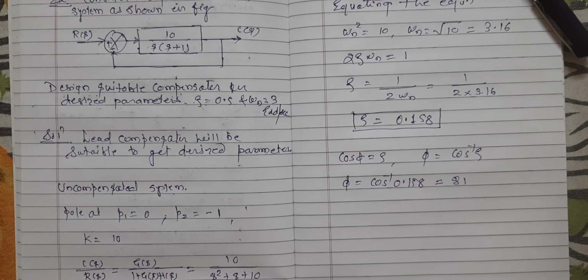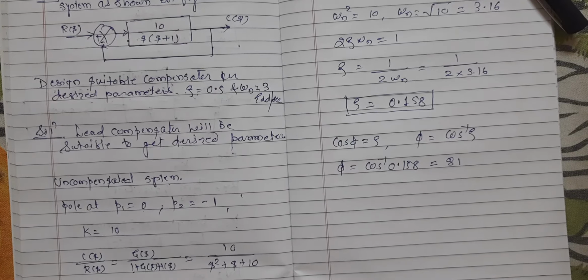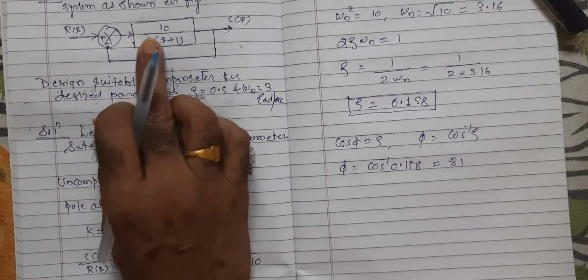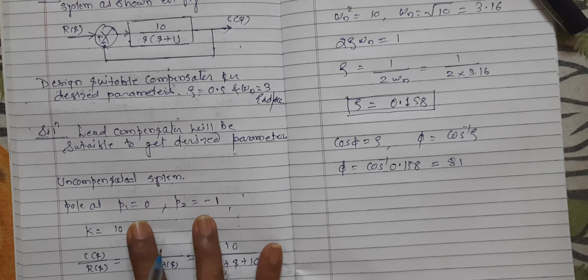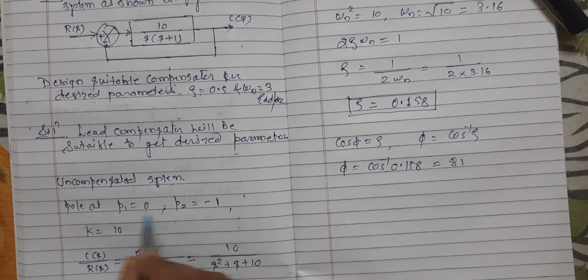Now we will draw the root locus for the uncompensated system. Now see here, in the uncompensated system we have the two poles. That means our centroid and the breakaway points will remain the same. Now the number of asymptotes will be 2 because the two poles are there.